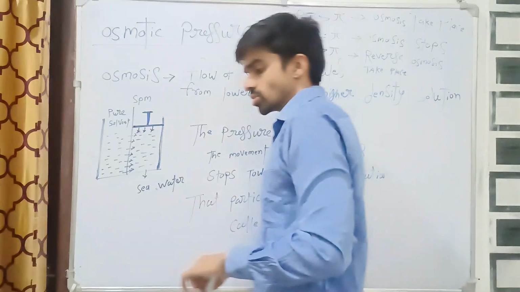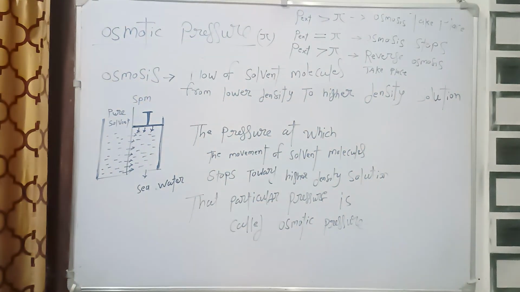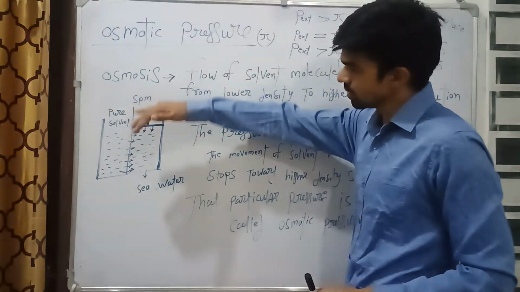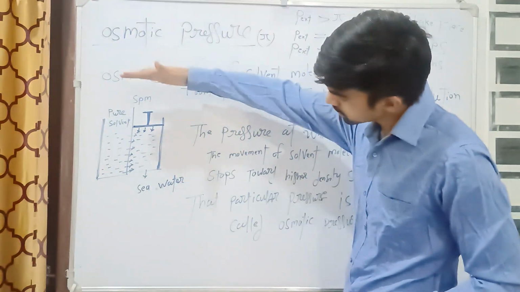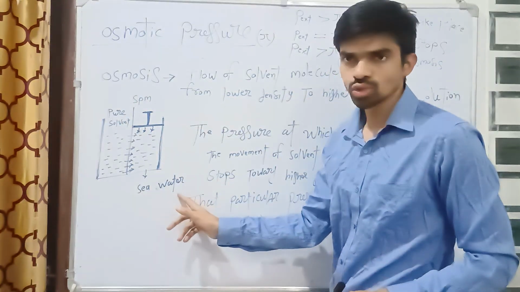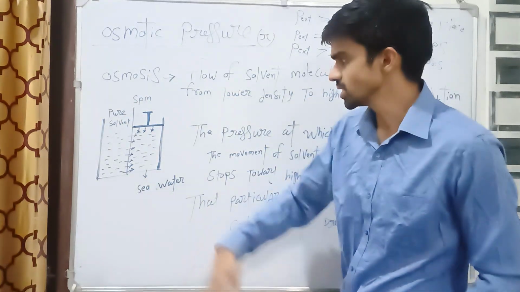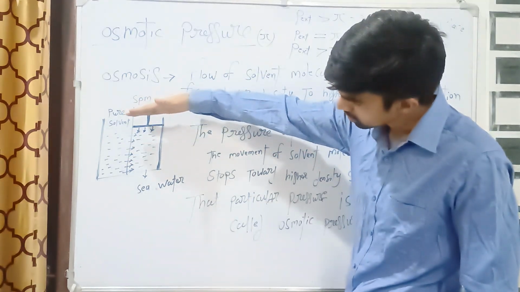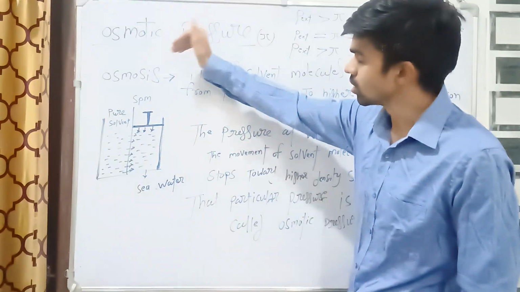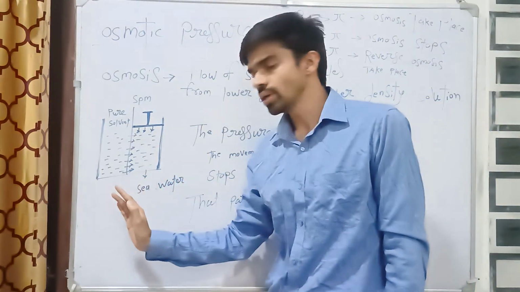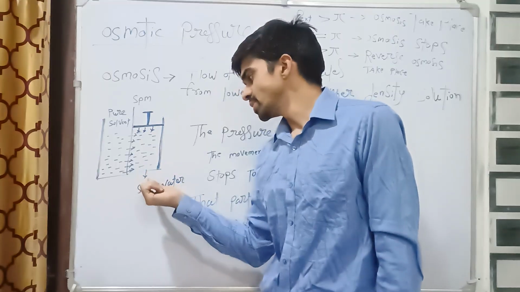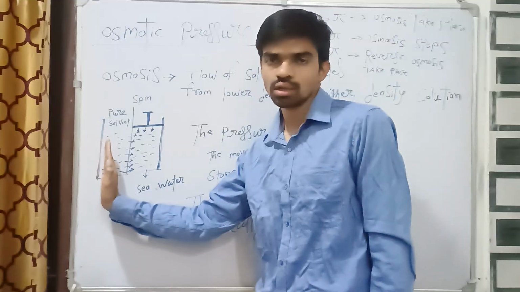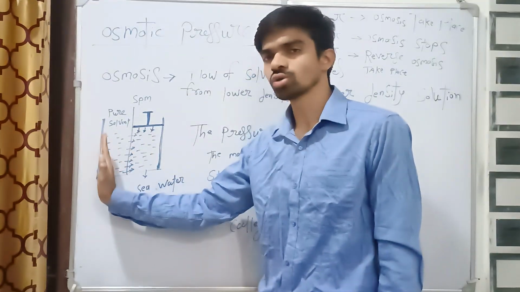Now, what is reverse osmosis? When we apply a pressure more than the osmotic pressure, like if we keep increasing the pressure from the solution side, or higher density side, we pass the osmotic pressure. So what will happen? The solvent molecules which are present at the solution side will start moving toward the lower density side, that is pure solvent side.